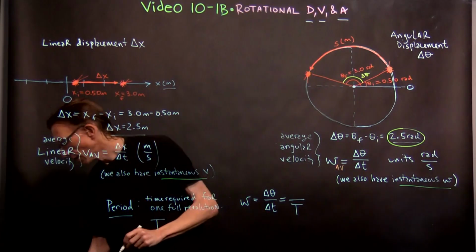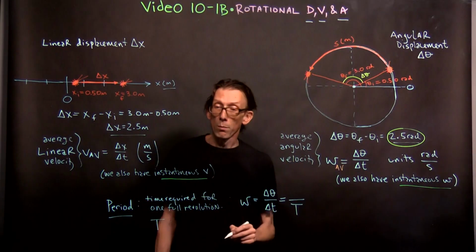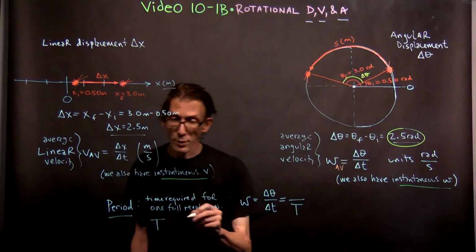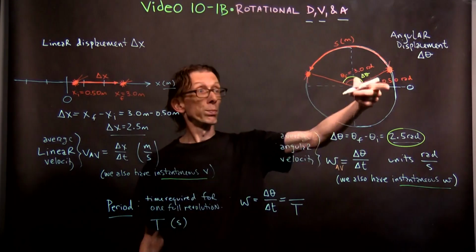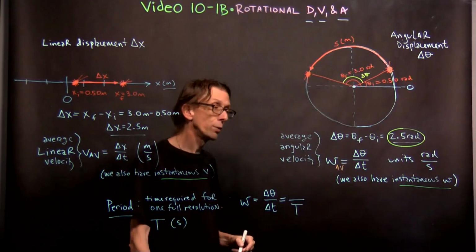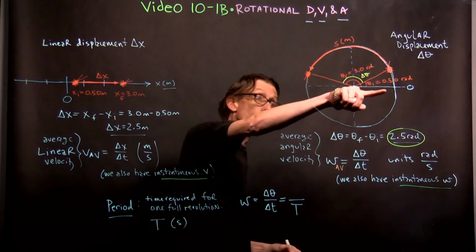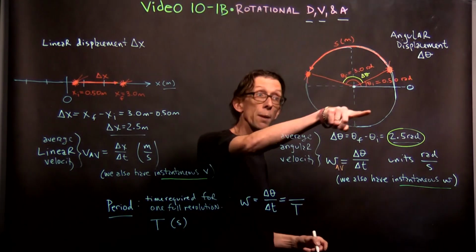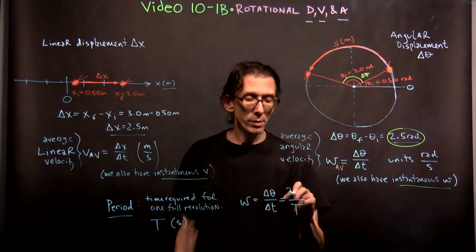I think we use T in this book. Yes, T. Sometimes it's P. T, and the units are just going to be seconds. So if we allow the bug to travel for one period, how many radians has he gone through? If he goes one period, means he's gone around one whole time, 360 degrees, which is 2 pi radians.